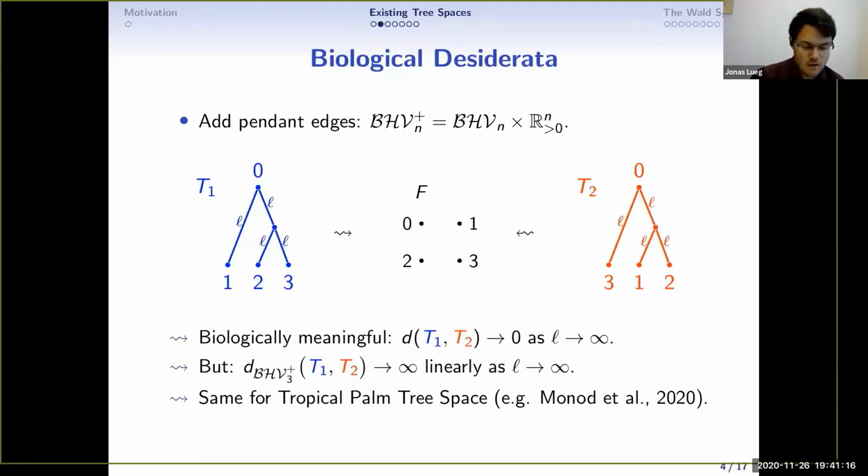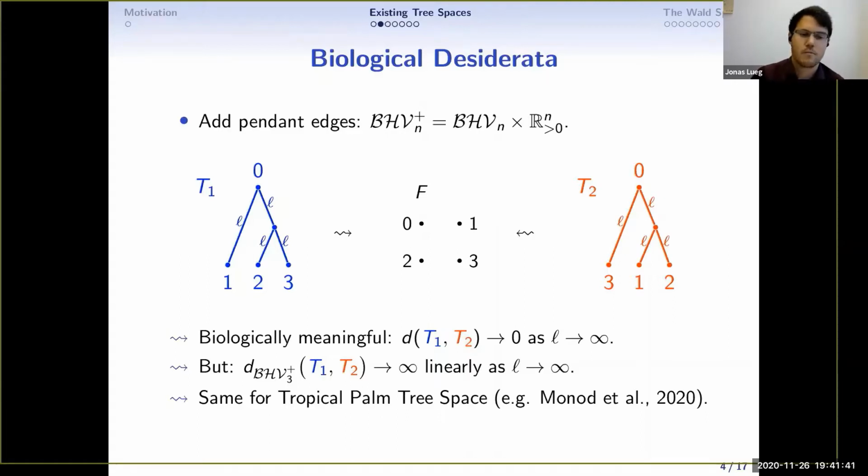So basically, how you could interpret this is that all the taxa are not related to each other when going with the edge lengths to infinity. So basically, what this means in the limit is that T1 and T2 provide the same information, namely that the taxa are not related to each other. So you could think of the limit as, for example, this forest F here that I've depicted in the middle.